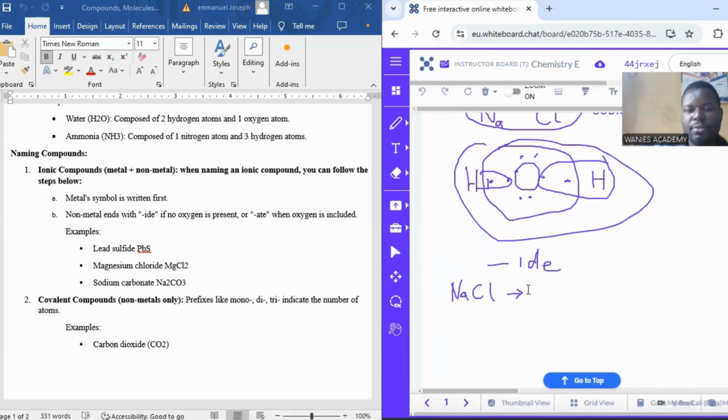So Na is sodium, so I'll just write sodium. That's the first thing to do. You write out the metal. That's the first element in that compound, in that formula. And then the next one is chlorine. So chlorine, you change chlorine to chloride instead of chlorine. So that is basically how to name a compound.